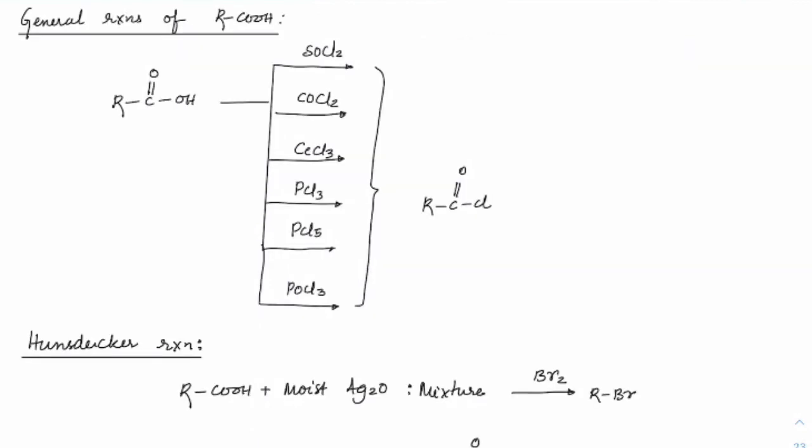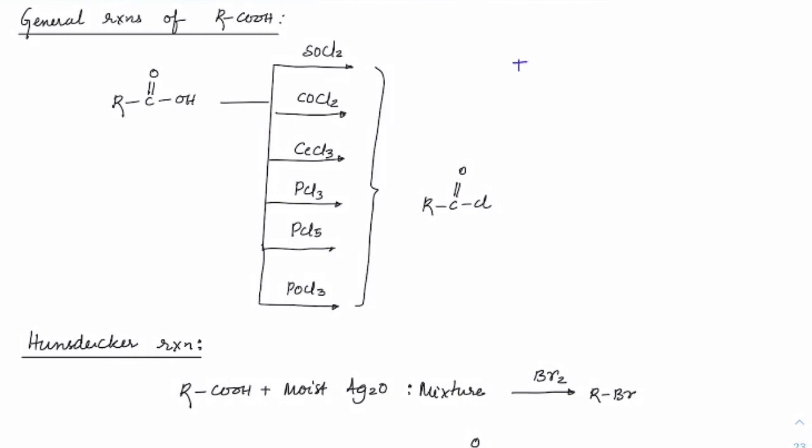Now see the general reactions of acids, right? What are the reactions that usually take place here? When we treat that with SOCl2, COCl2, PCl3, PCl5, POCl3, in all of these cases we will get acid chlorides, RC double bond O Cl. What are the side products which are formed here?